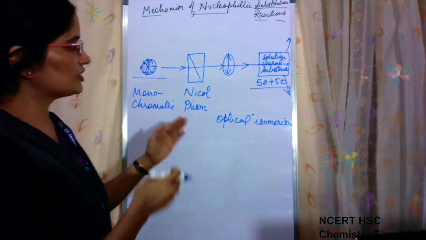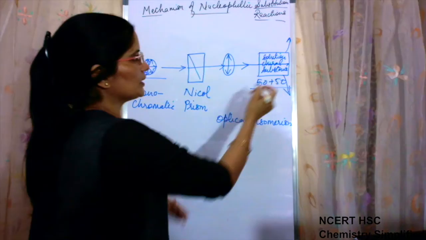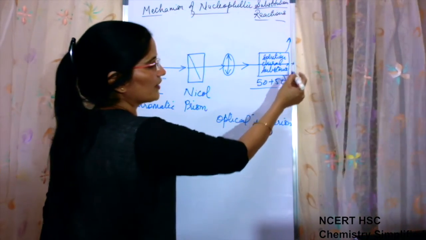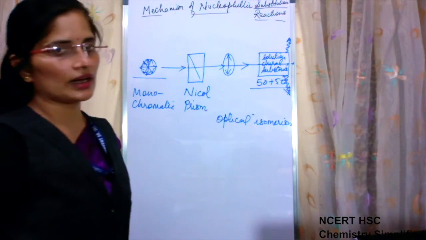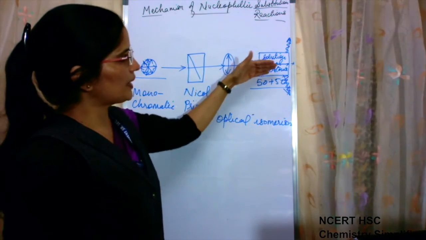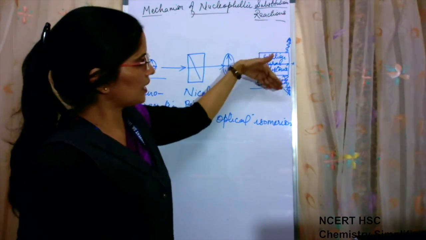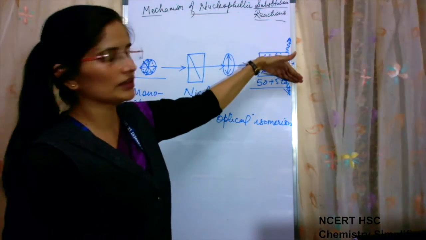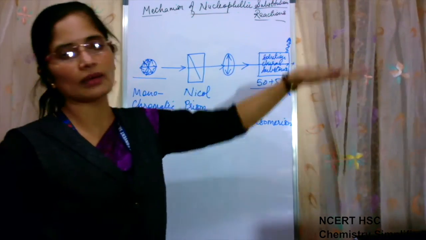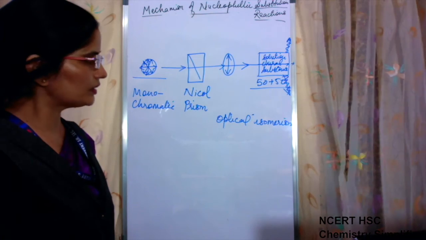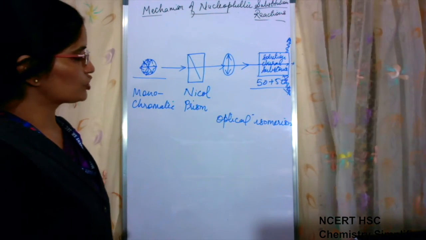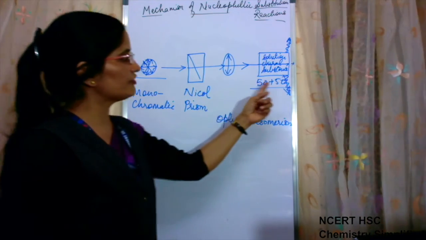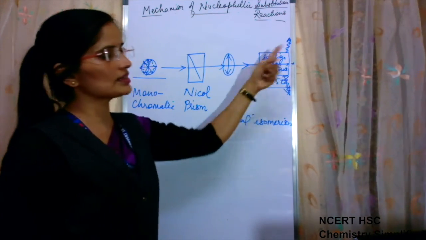The net effect of the two will be that the light will pass unaffected. Neither will it be bent towards the left nor towards the right, because this one has bent it to the left, and then the other 50% will bend it to the right, and it will come out straight. Is it clear? So there is no optical isomerism visible when a 50-50% solution of a chiral substance is taken.